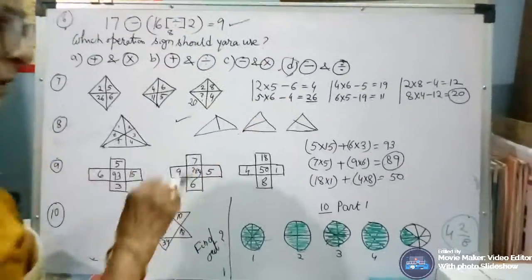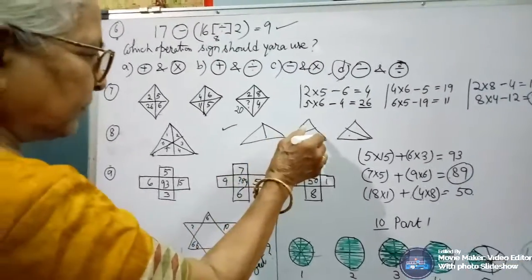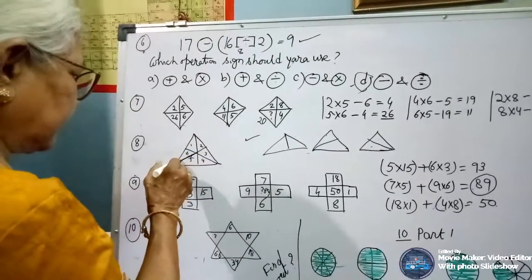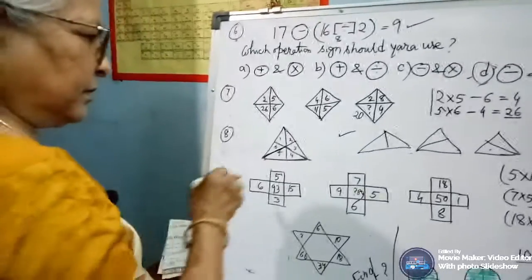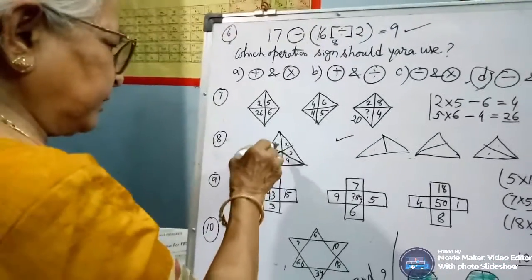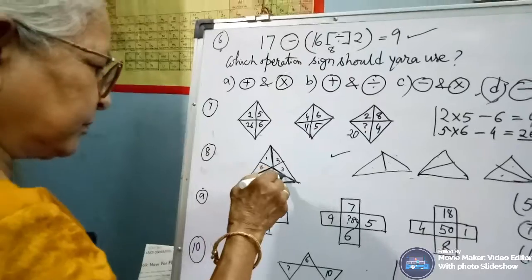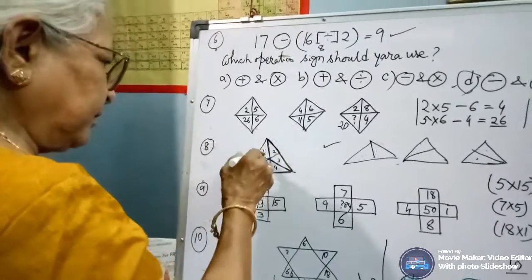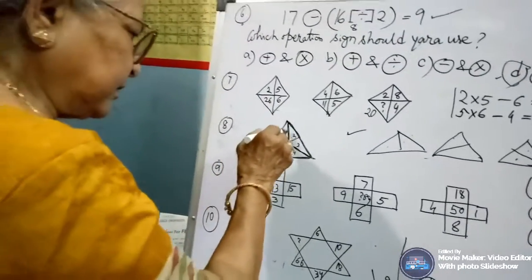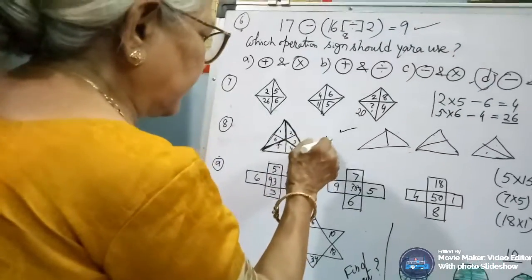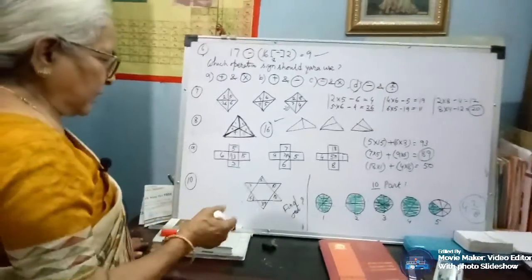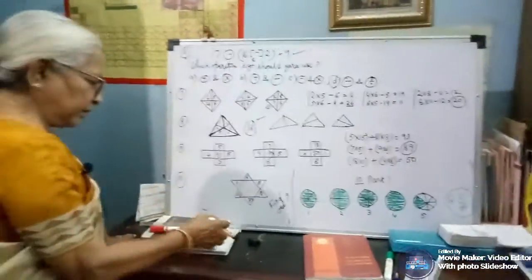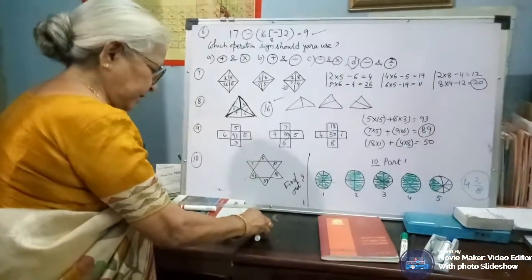And the big triangle, 13. But here we are having another triangle here. This one. This will be 13 plus 1, 14. The same way, this is one triangle, 15, and this is 16. So number of triangles is 16, not 13. Sorry for the mistake. Now we will solve the 10th question and wait for the answer.